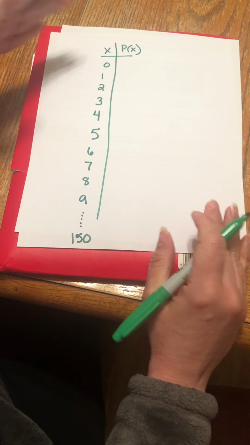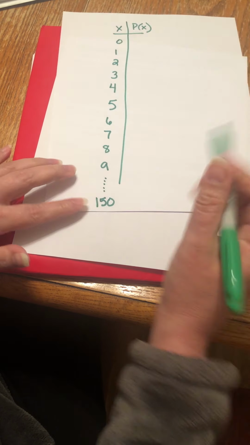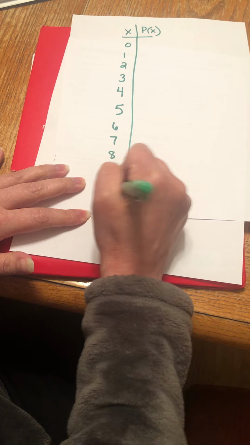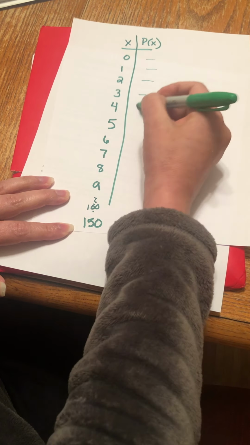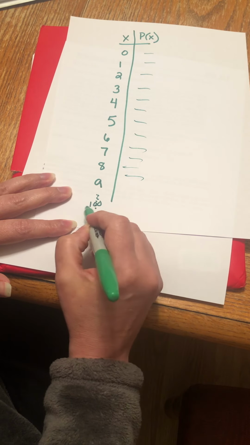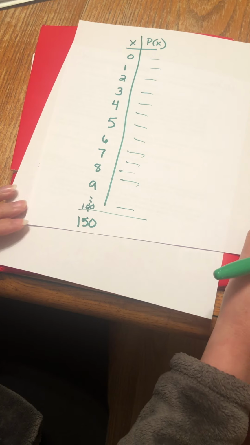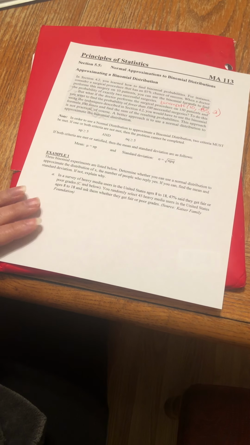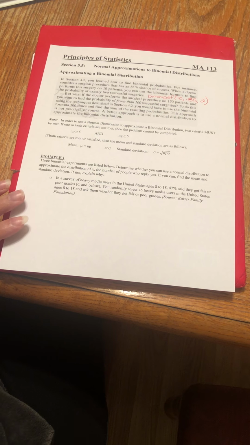Heck no. And then it says, find the probability of fewer than 100. When you got to the 100, you would have to add up all these decimals all the way up to the 100 to get your answer. Very time consuming, very tedious, not efficient. So we're going to learn a new method so that you don't have to add up all 100 of these decimals.